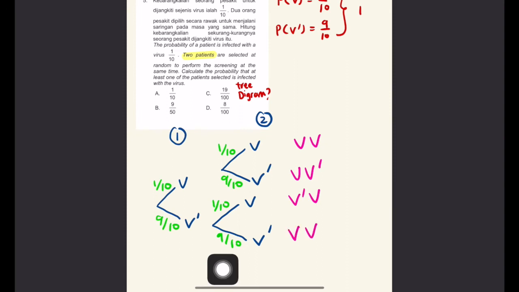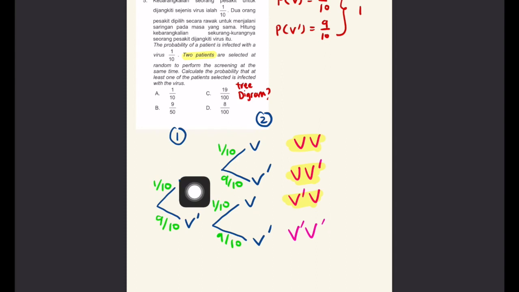Now the question asks, calculate the probability that at least one of the patients selected is infected. At least one infected, so maybe one person, maybe two. From here we can see the first pair, both infected, so at least one is satisfied. This one also has at least one. And this one, both not infected, so none is infected, so not chosen.